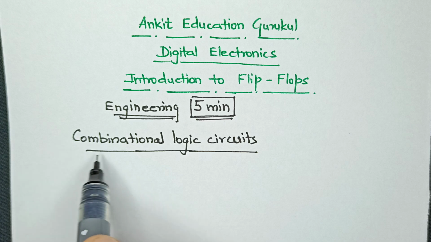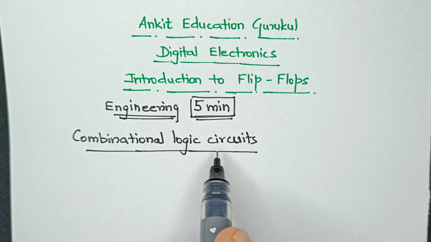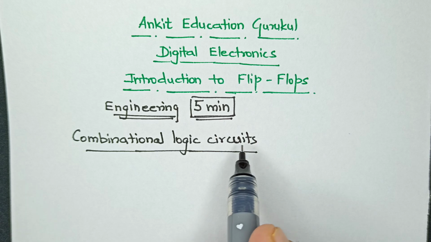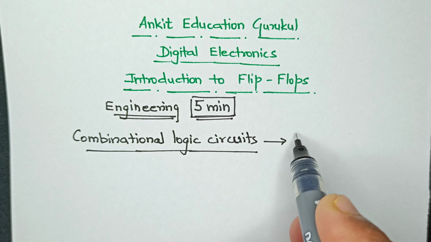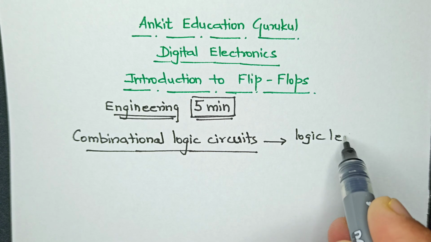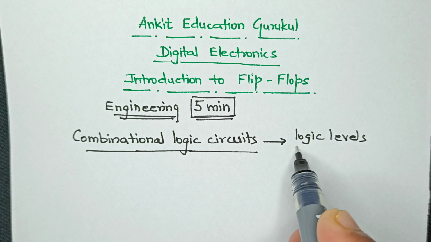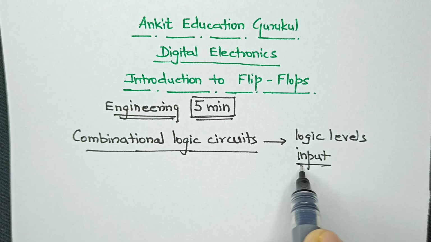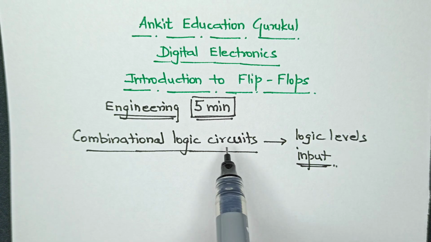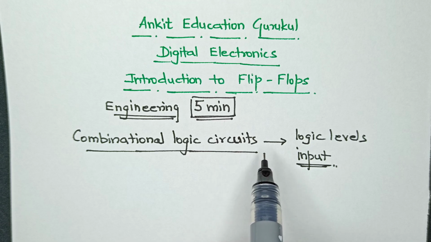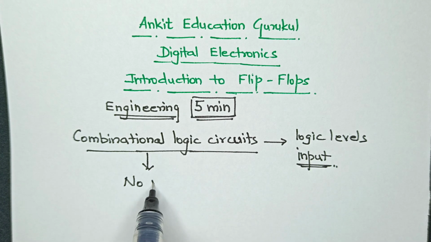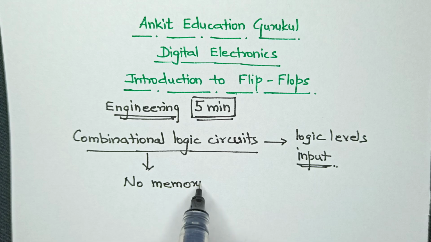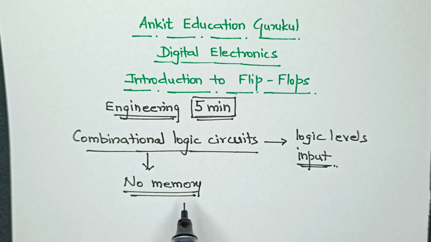In the combinational logic circuits covered in the last lectures, the output level at any instant of time depends on the logic levels given at the input. Any prior input conditions have no effect on the present outputs, because combinational logic circuits have absolutely no memory. All they do is process the input given to them.